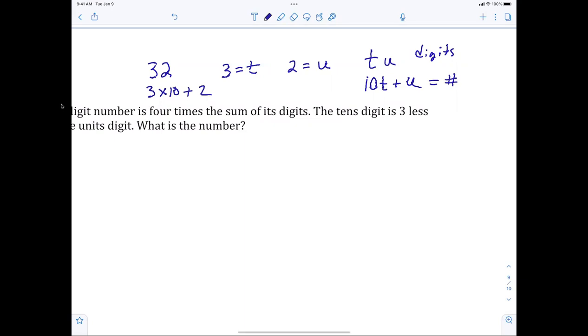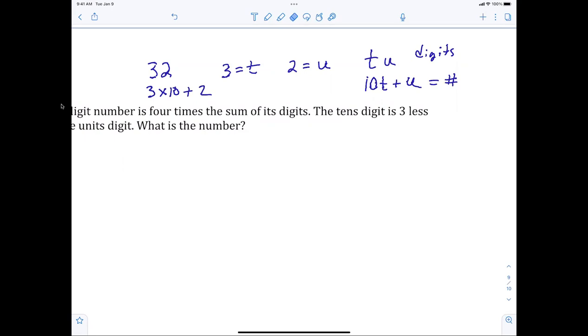Is the number. Thank you, whoever was listening. T and u are the digits. 10t plus u represents the number. All right, now, if you know that, then the problems are easy. But if you don't write that, or you can't write that, then you can't do these types of problems.